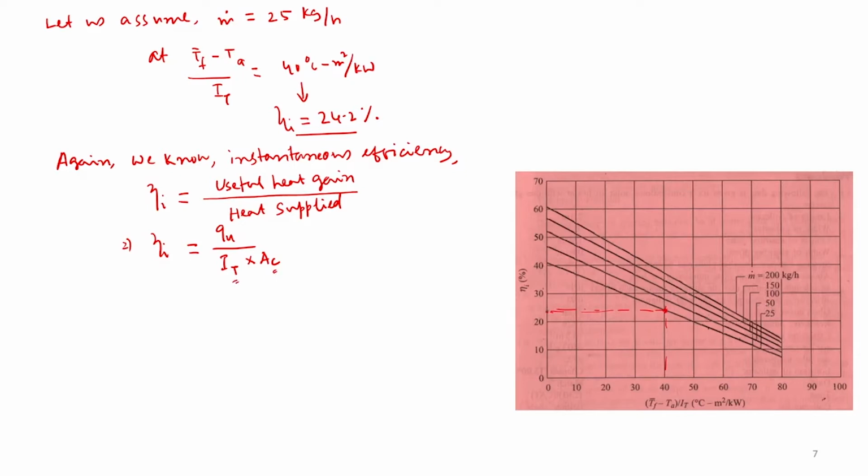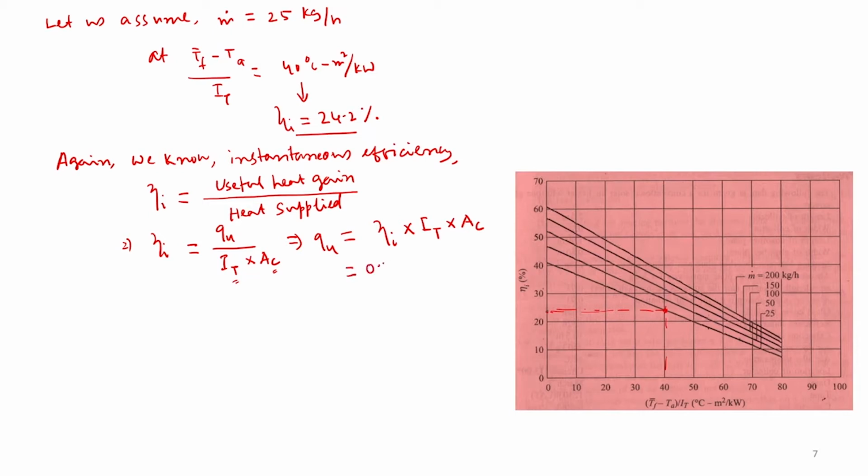If we are interested in QU, then QU will be eta I multiplied by IT multiplied by AC. Now, we know the value of instantaneous efficiency at 25 kg per hour, which is equal to 24.2%.